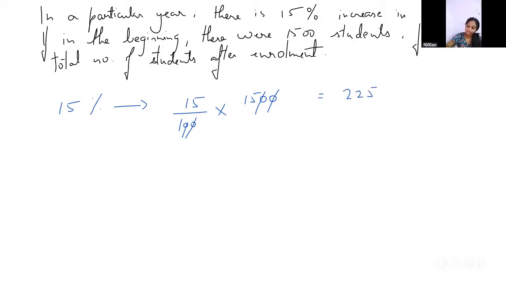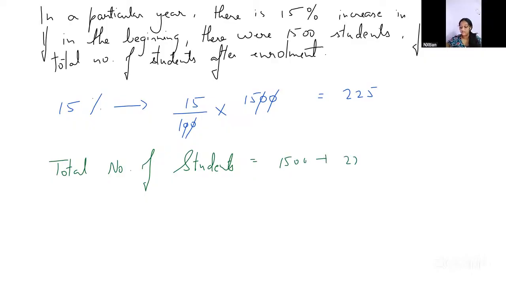Now, total number of students: 1500 plus 225, 1725. Do I want to write this down, or shall we do one more question?